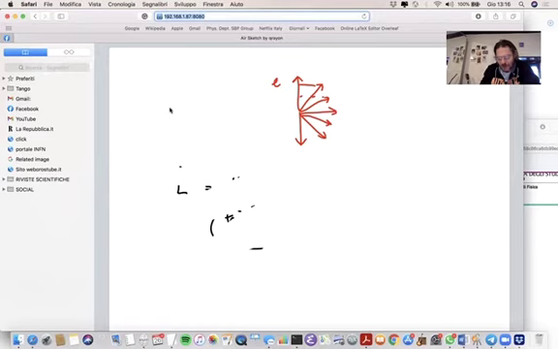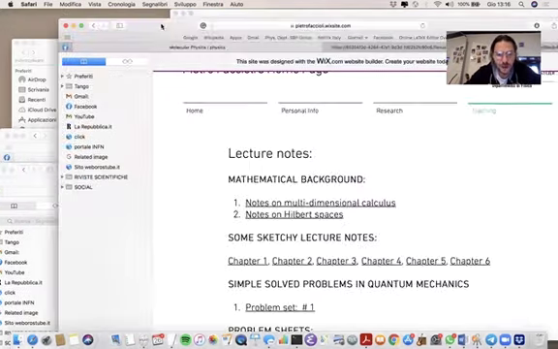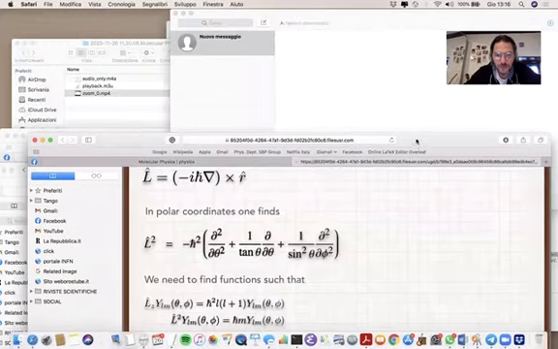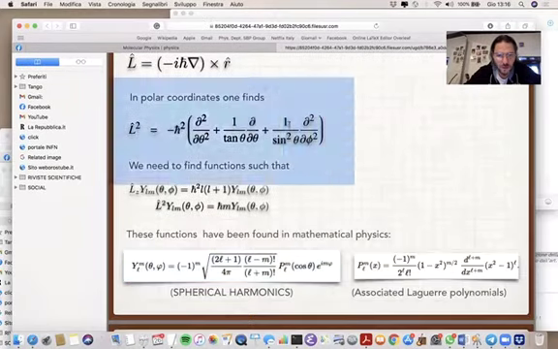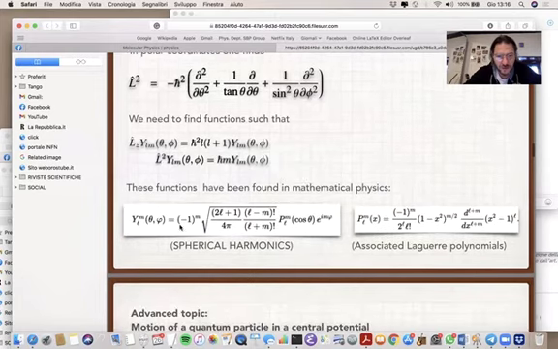So these are the eigenvalues of both operators. And it means that if I take the differential form of the L squared operator, which in polar coordinates looks like this, I can find a function which depends on phi and theta, such that these two relationships are satisfied for L squared and Lz. Like I was telling, these functions of theta and phi are called the spherical harmonics.